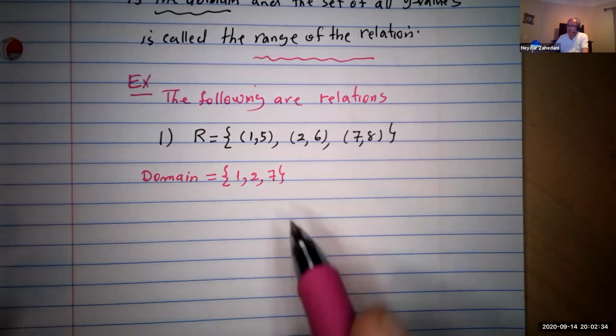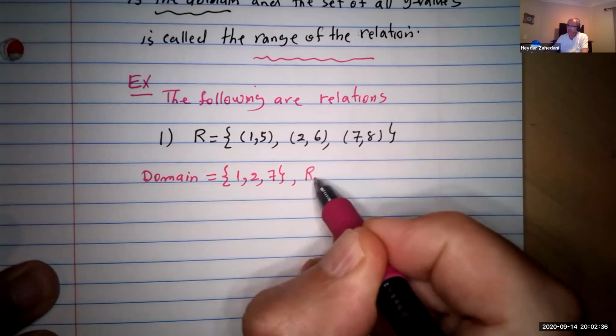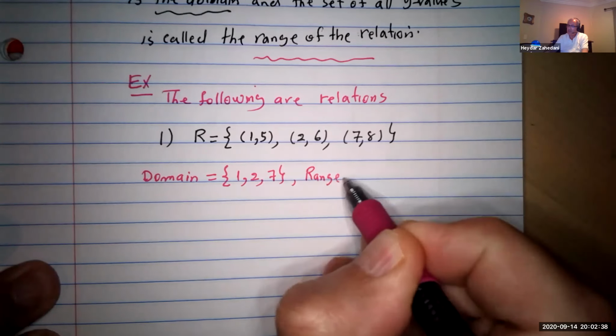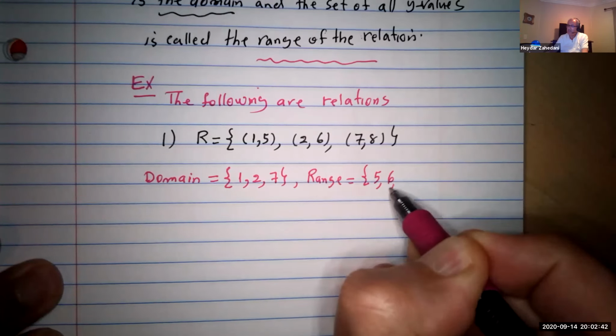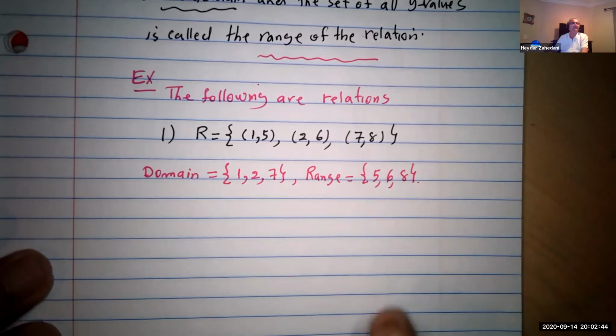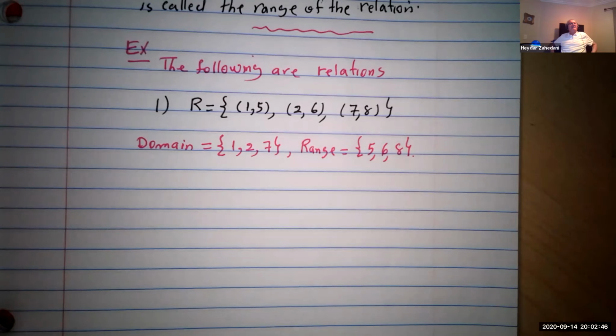And the range is the second component: {5, 6, 8}. So the x values, the inputs, are 1, 2, 7. The range, the outputs, the second component, we call it 5, 6, 8. Any question?